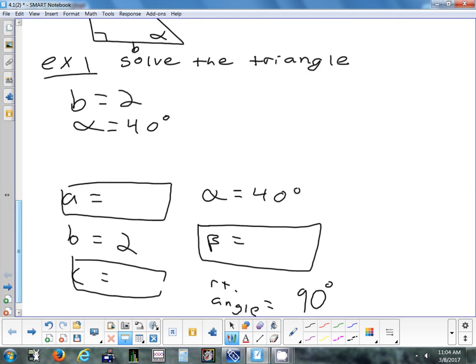Okay, put your three sides in one column, put your three angles in another column, and what I've done is I filled in everything I know. Okay. B is 2. Alpha is 40. And I put the right angle as 90. That's going to be in every single problem we do. The boxes are things I need to find. Okay, they're things I don't know.